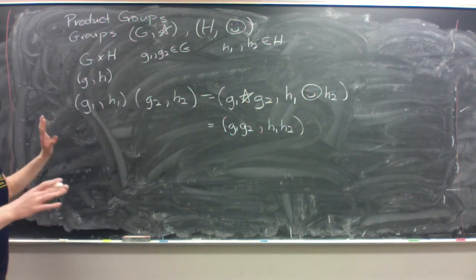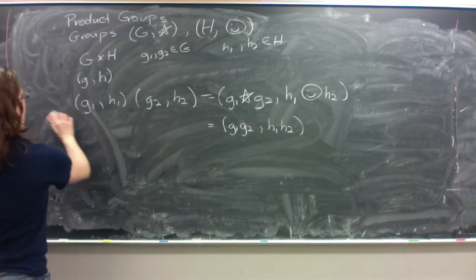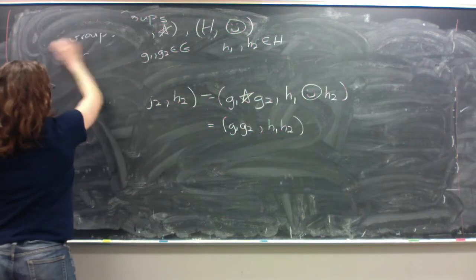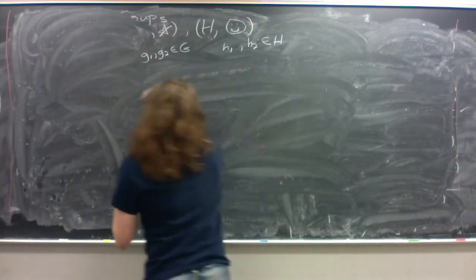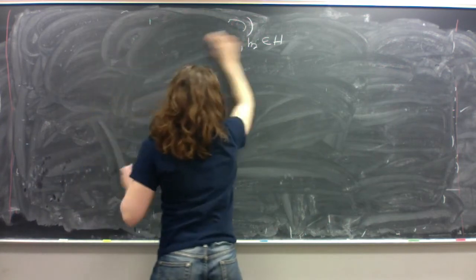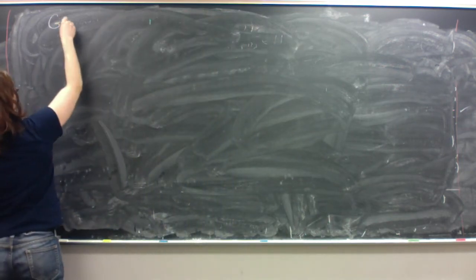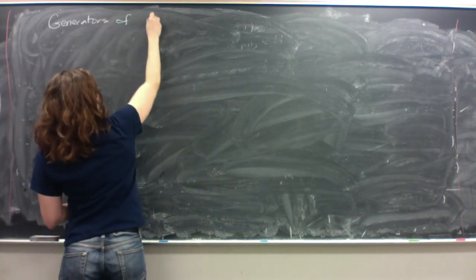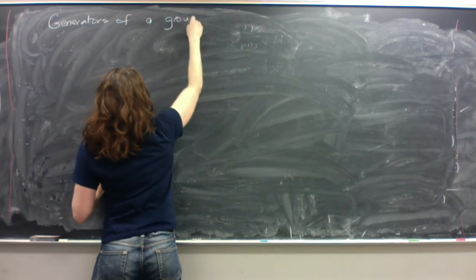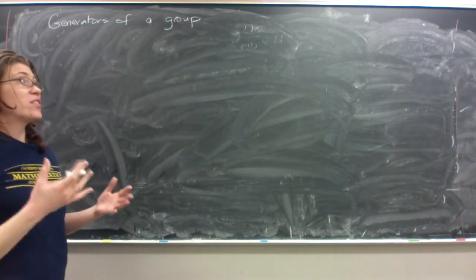Just wanted to summarize this in words, verbally. I'd also like to review the definition of generators from last time, because that gives us nice language. Generators of a group. The best analog that you've experienced so far is a basis for a group.